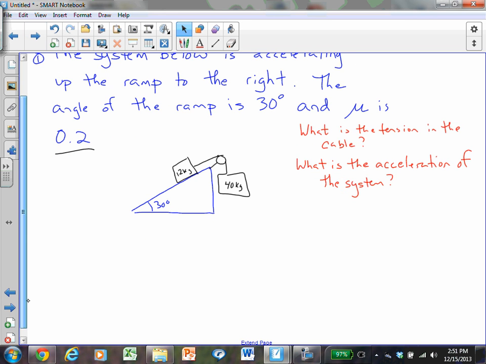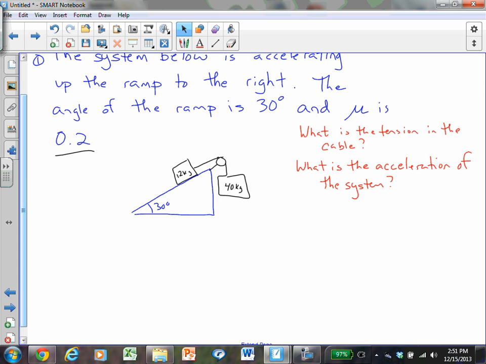Okay, so we have to start with free body diagrams. So the block that's on the ramp has an Fg down and an F perpendicular, like so. And it also has a tension force in the direction of the string.